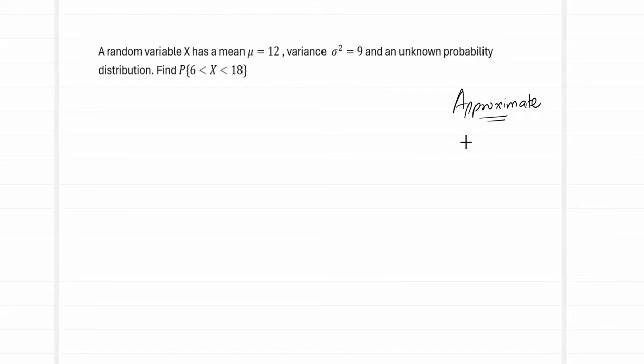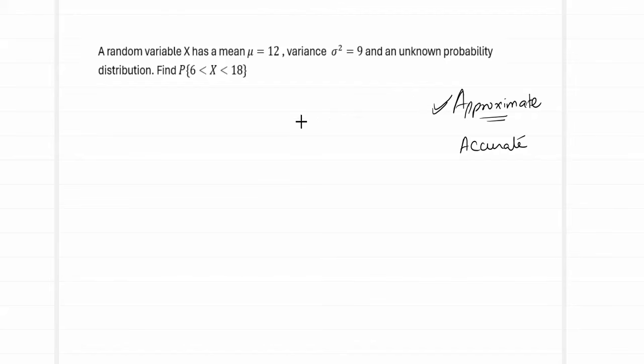Only if the probability mass function or the density function is known will we get the accurate solution. So what these inequalities can provide is only an approximate solution.